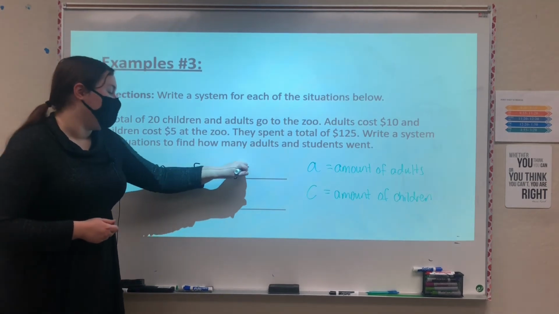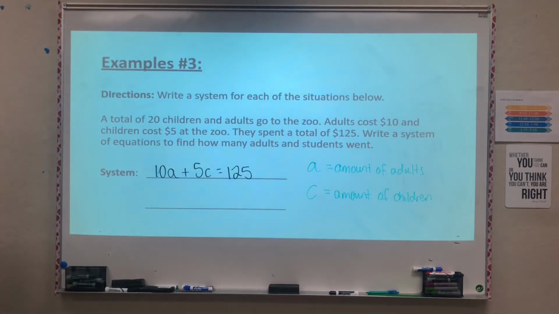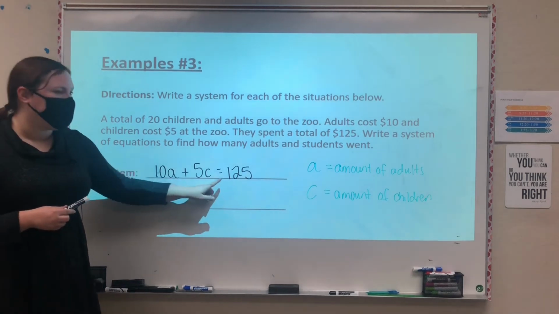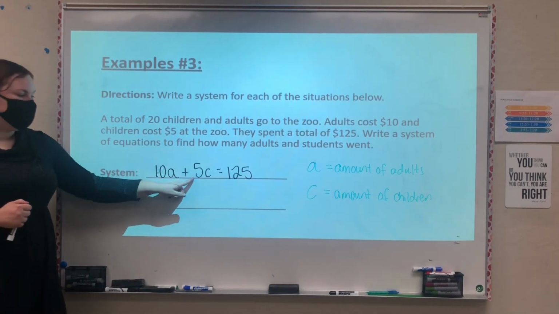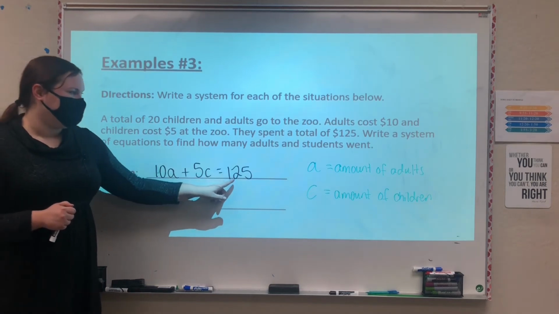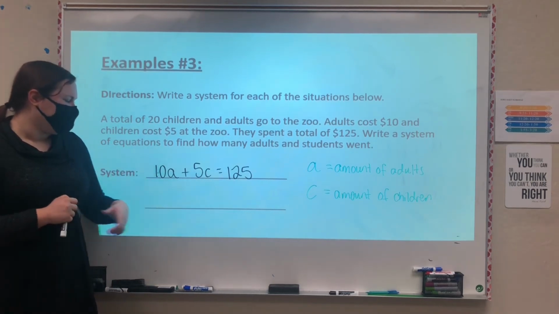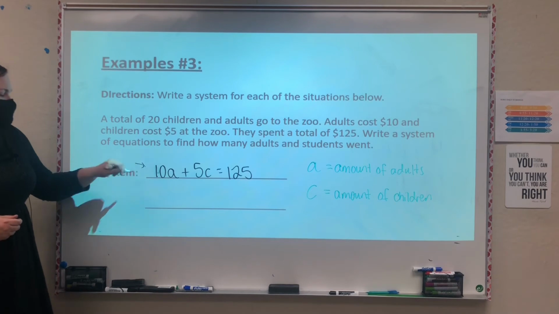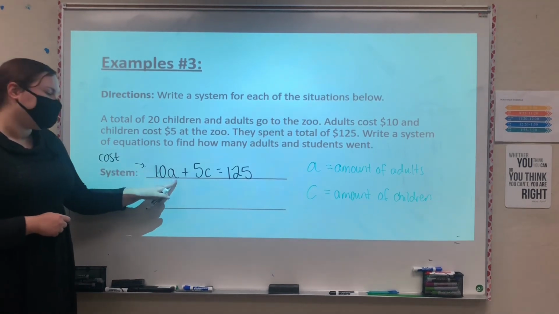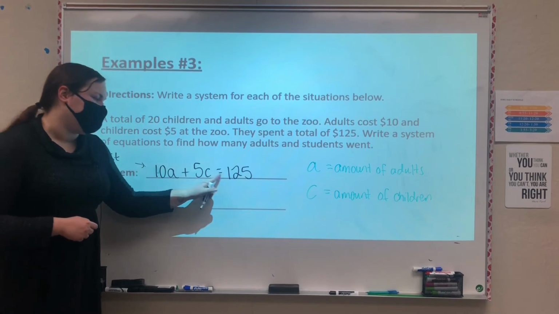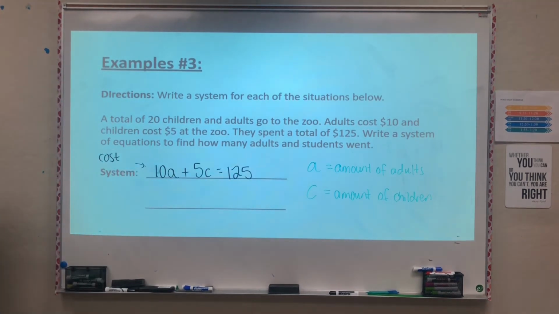Okay, so I'm going to pause there. Tell me what this equation here is saying. It'd be $10 per adult plus $5 per child equals $125. Nice. So what this equation here is describing is really the cost. You're saying it's the cost of adults plus the cost of children gives you that total cost. And you're right, that's one equation. Second equation?